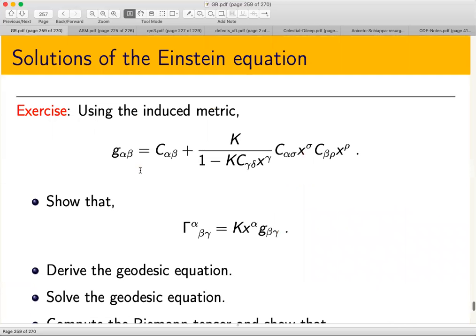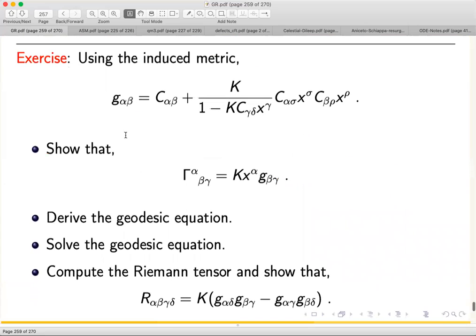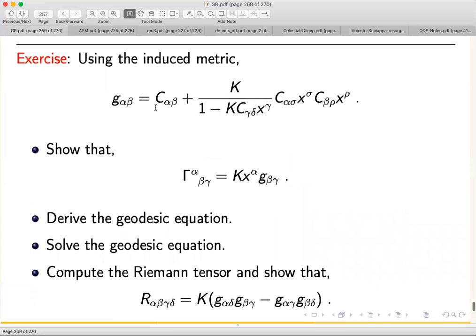So here's an exercise. Using the induced metric, which is this, I need not have gone back actually, you can show that the Riemann-Christoffel connection can be written in this particular form. It is just x alpha times g beta gamma.